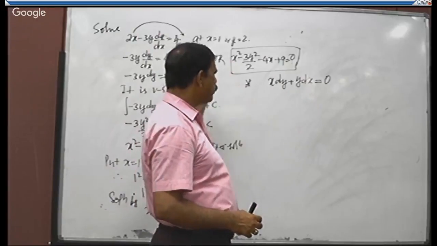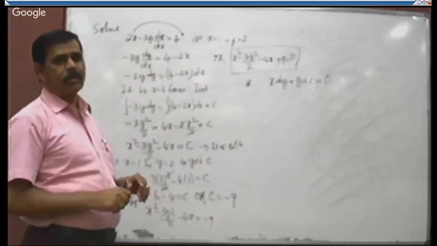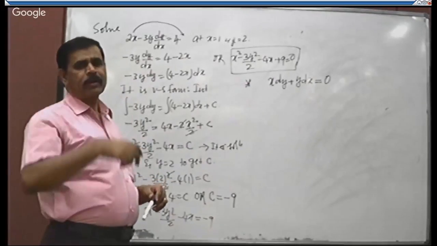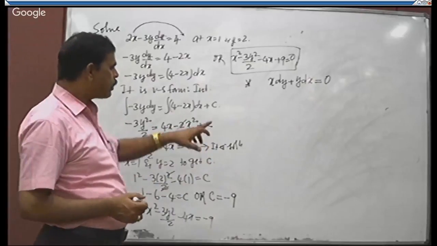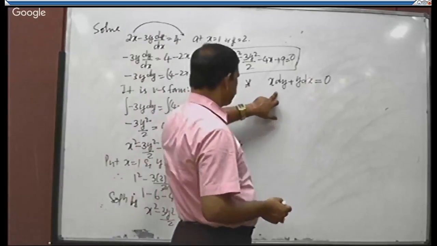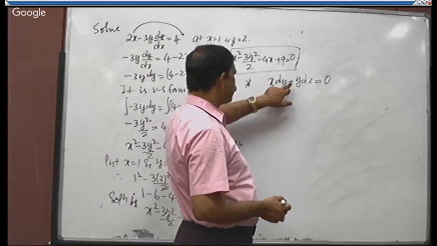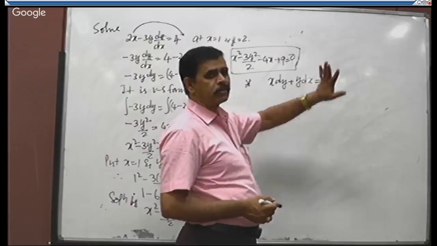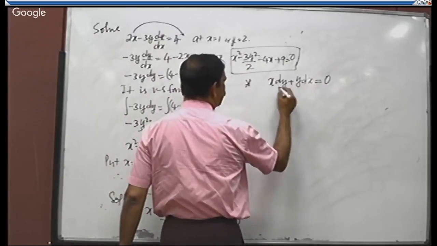In all previous examples, just by shifting one term to the right side or left side and cross multiplying dx, it will be in the standard form. But here, it is not that case. Okay, the case may be different. X into dy plus y into dx is equal to 0. See, along with the dy, we have the x term.